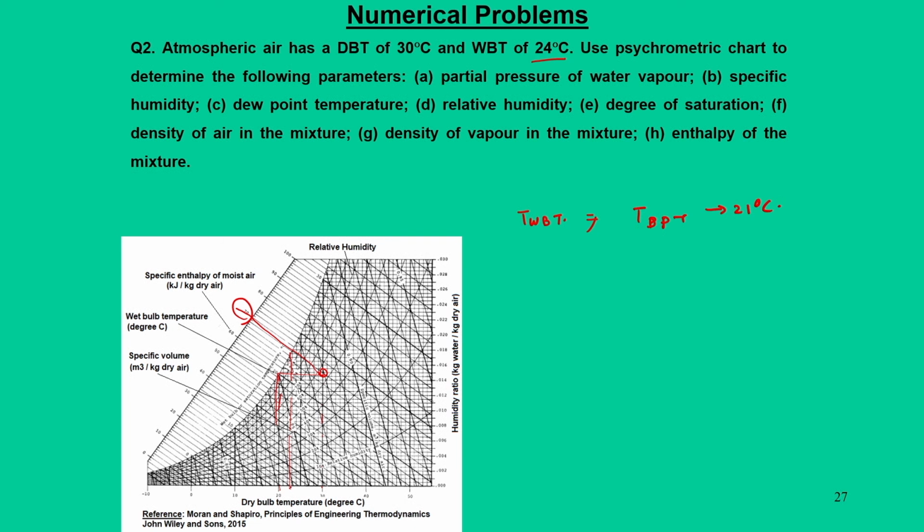WBT will be about 23 degree centigrade, and from this if you drop a vertical, this is about omega 0.0158 kg per kg dry air, and at this point we have RH, this relative humidity is about 58%.